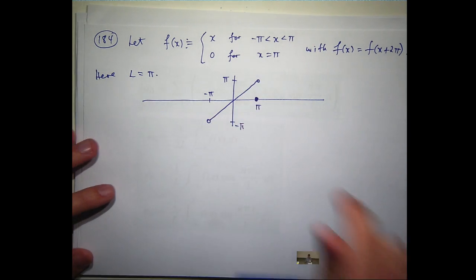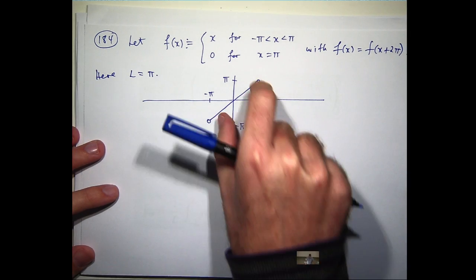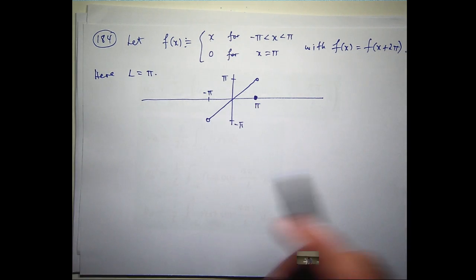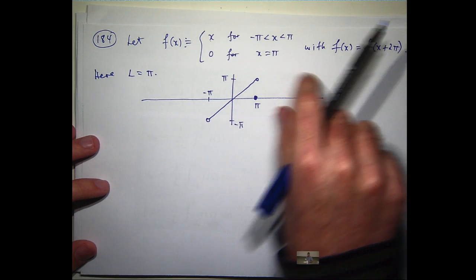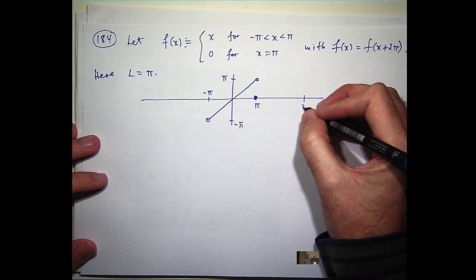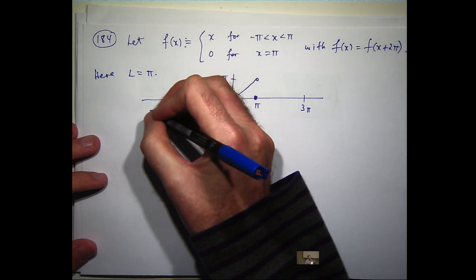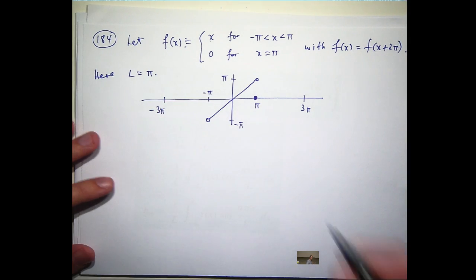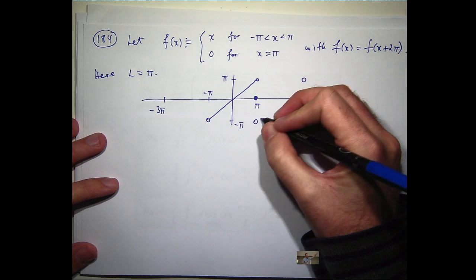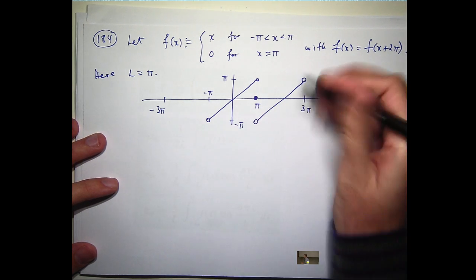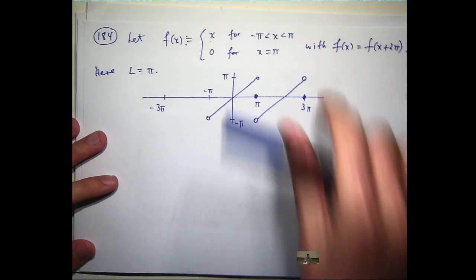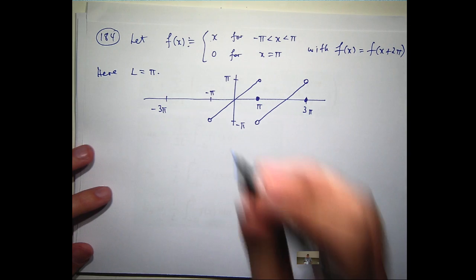So all I do now is I take that, I copy it and I paste it. Essentially, I'm just moving it 2 pi units to the right and to the left. Essentially, I'm just drawing the same graph, just moved along.